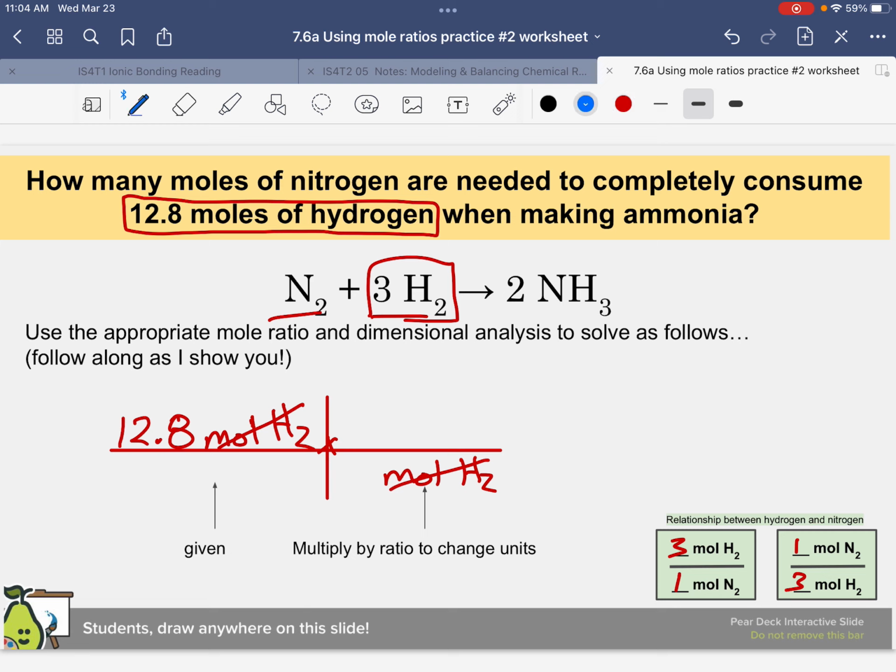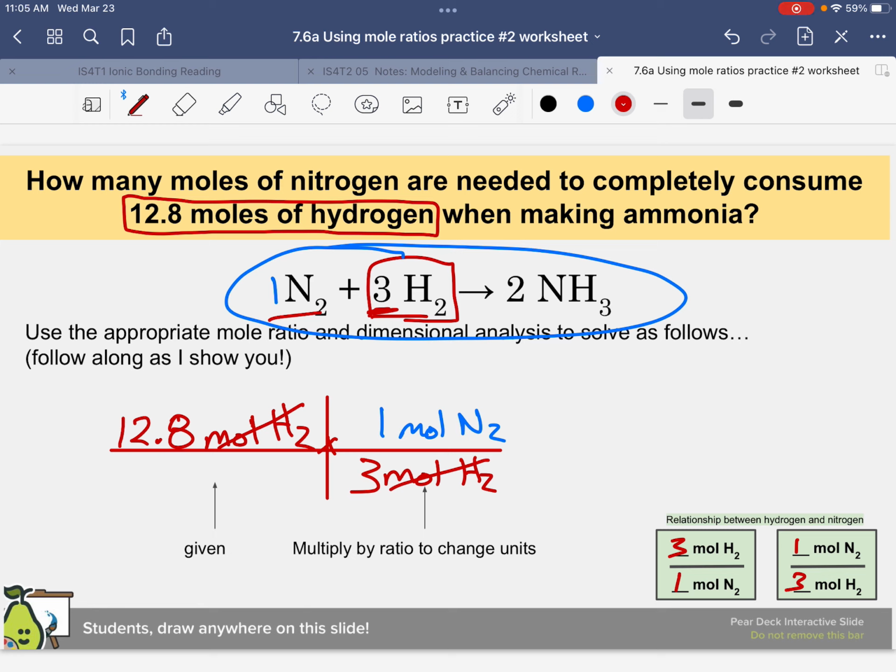And on top, I'm going to end up with moles of N2 because that's the relationship that I know between N2 and H2. I know the mole ratio. I do not know the mass ratio. We can figure that out for those of you who understand how to do it, but we're dealing with a mole ratio. So I have 1 mole of nitrogen to 3 moles of hydrogen.